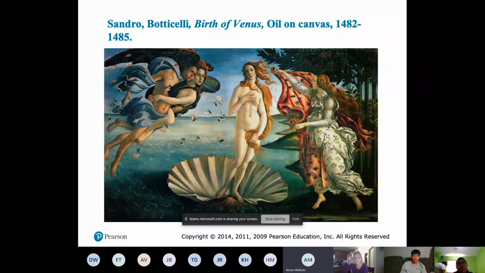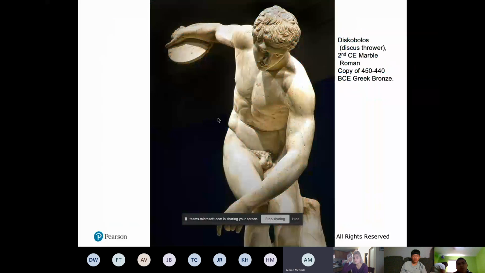However, like I mentioned a second ago, things can fall under multiple categories. So for example, our discus thrower is a great example of art for commemoration or art in remembrance of someone or something. This discus thrower, he got his statue made after winning a discus throwing contest in the Olympics. So he's commemorated. So not only was this made for aesthetically pleasing the viewer's eye, but it is also an example of art for commemoration.